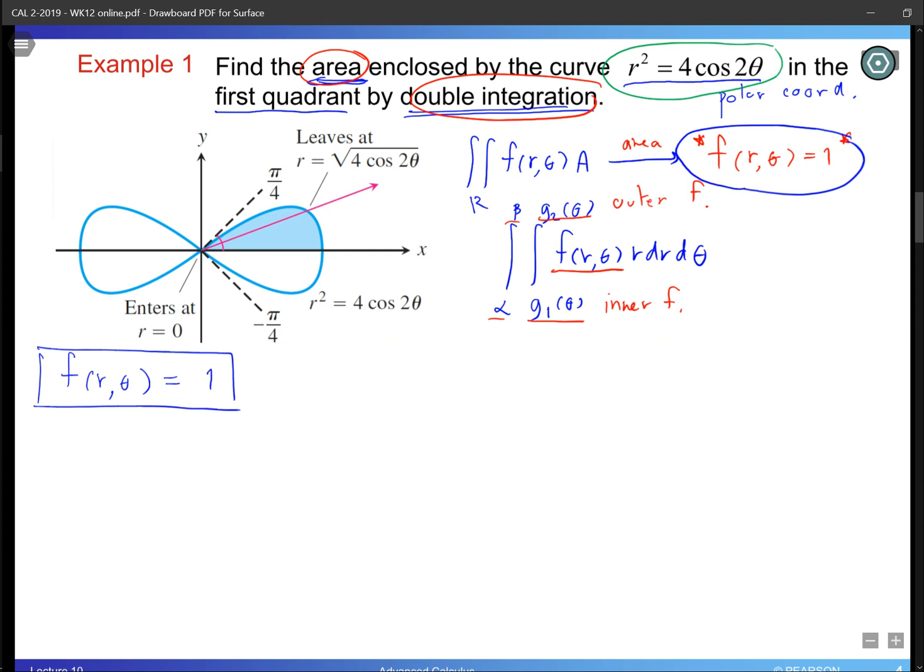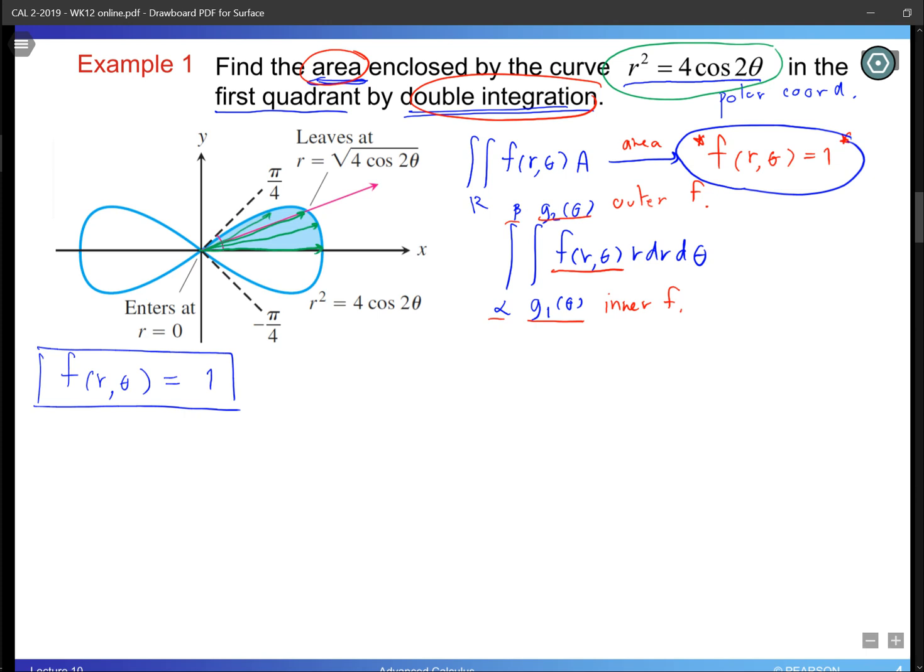Alright, now let's find out about g1 theta and g2 theta. What is that? In order to find out about that, we need to look at the region and how the variable sweeps across the area. So here we can see that we sweep from 0 to the curve, 0 to the curve, and all the way through here.